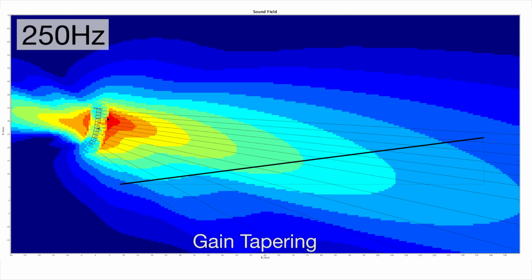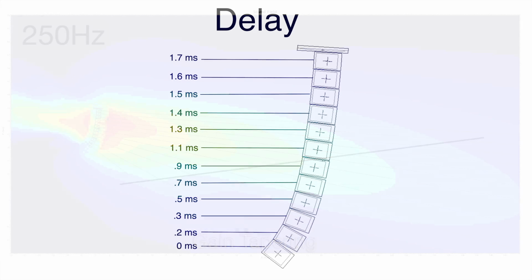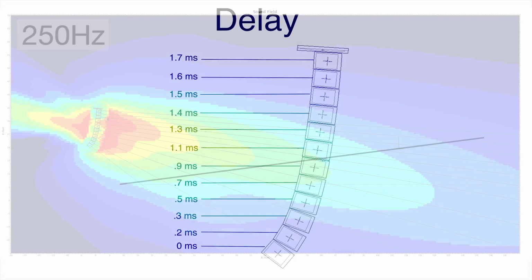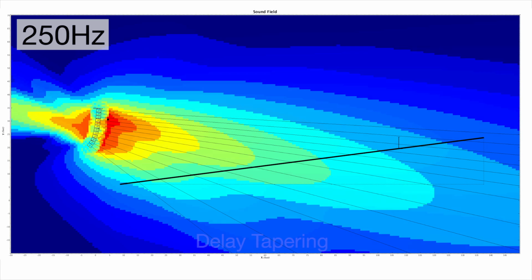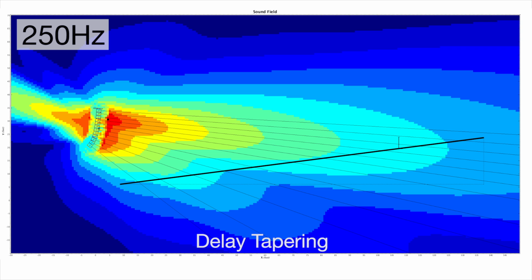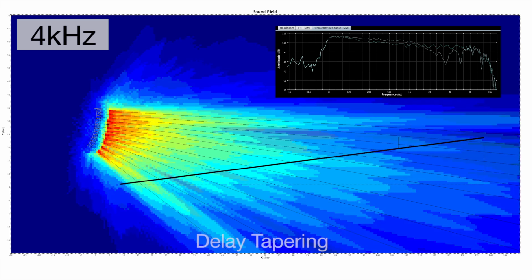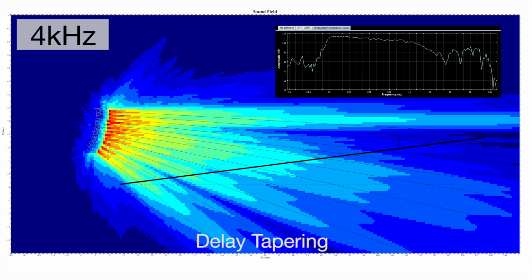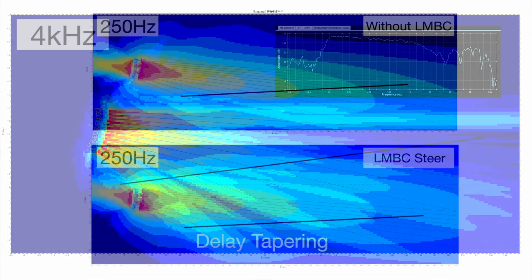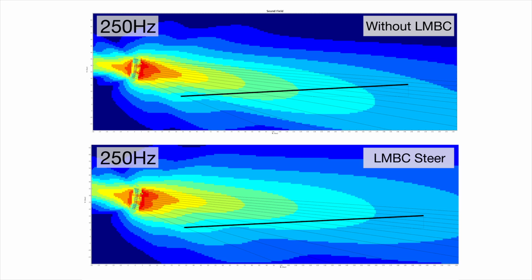Now let's try adding delay offsets between elements. This will effectively steer the lower frequencies but has a disastrous impact in the higher frequencies. The next approach uses specialized phase filters available in the modern world of digital signal processing.